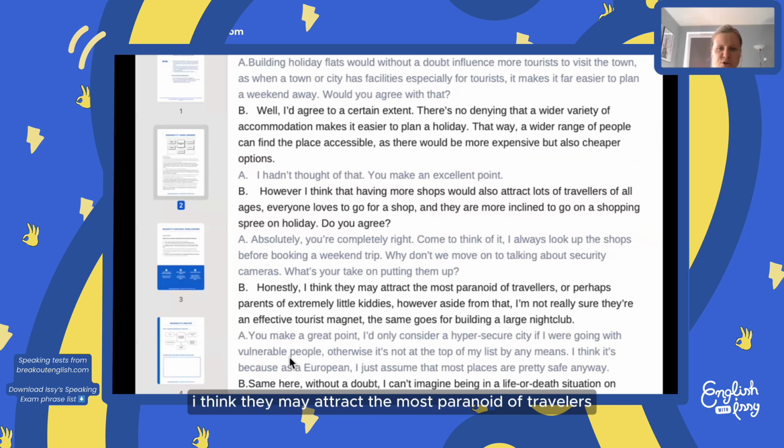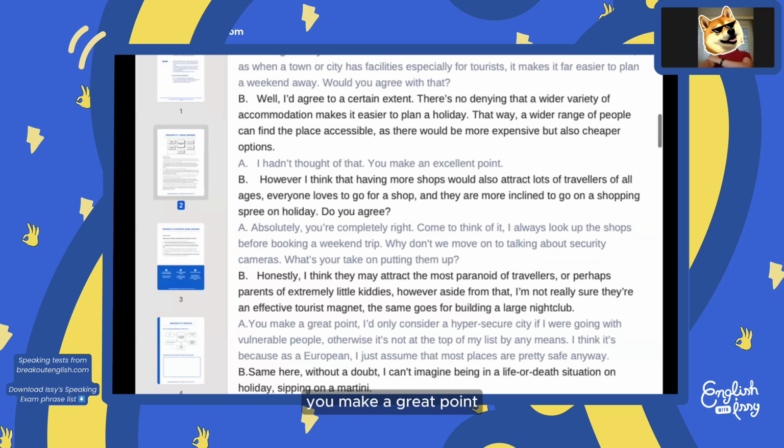Honestly, I think they may attract the most paranoid of travelers, or perhaps parents of extremely little kiddies. However, aside from that, I'm not really sure they are an effective tourist magnet. The same goes for building a large nightclub. You make a great point. I'd only consider a hypersecurity city if I were going with vulnerable people.